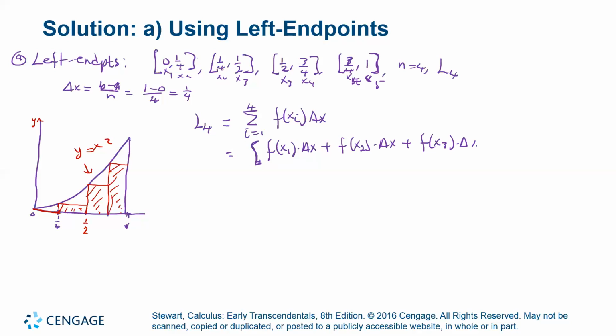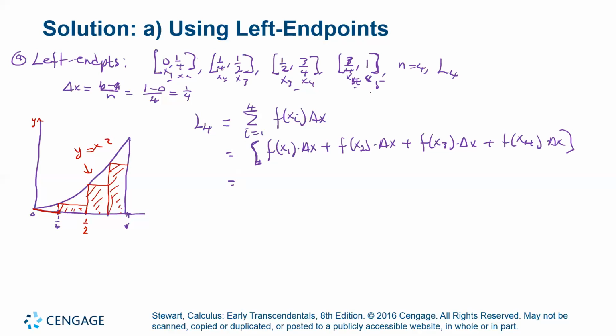When you have this delta, you're using the left endpoints, so x1, x2, x3, and x4. Then plus f of x4 times delta x.